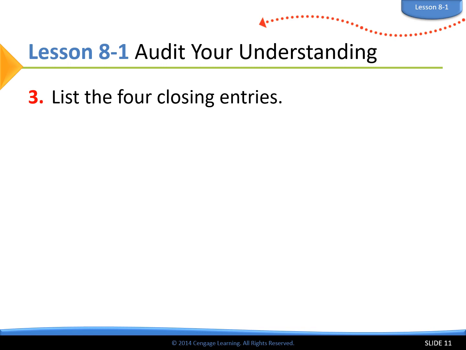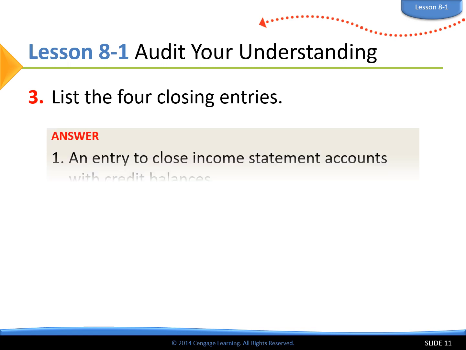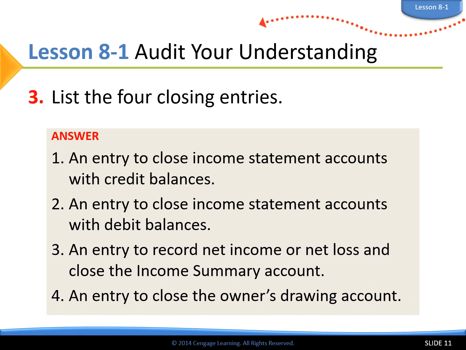List the 4 closing entries. All right. So we just went through it. Number 1, we close income statement accounts with credit balances. Okay. So that's where we're going to close our sales. And then we're going to close our expenses. Next one, an entry to close income statement with debit balances.